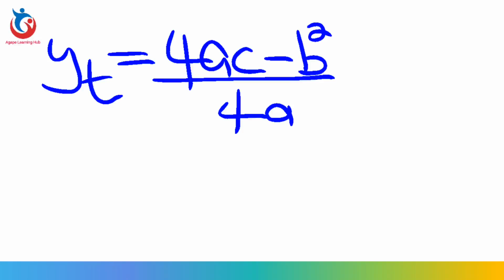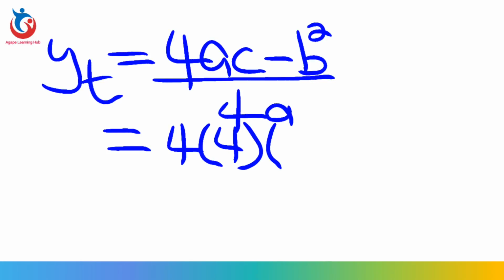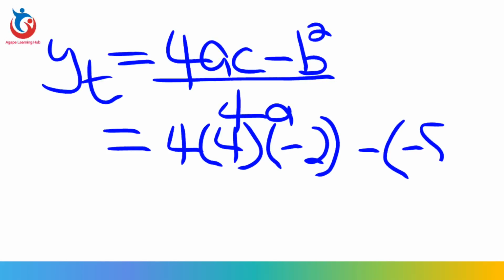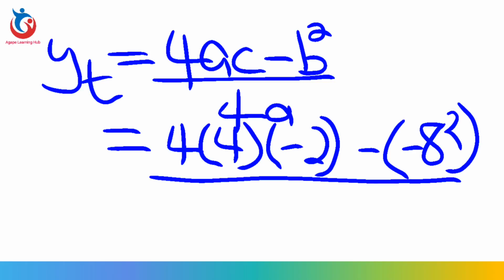So based on our function, a will be 4, b will be negative 8, and c will be negative 2. So this is going to be equal to 4 times 4 times negative 2 minus negative 8 squared, all over 4 times 4.